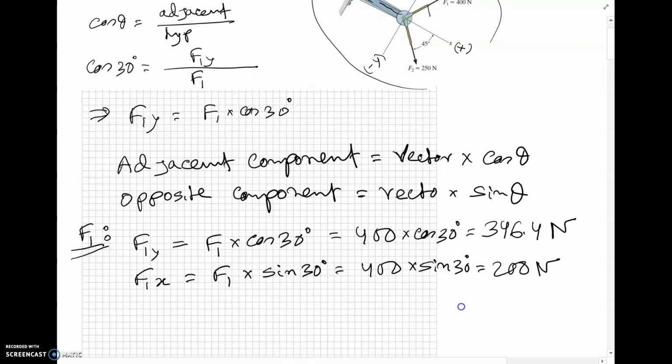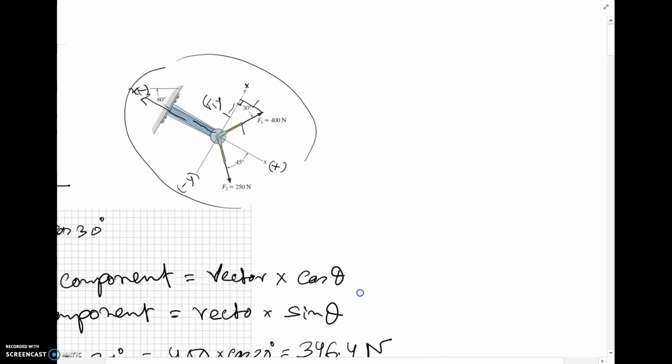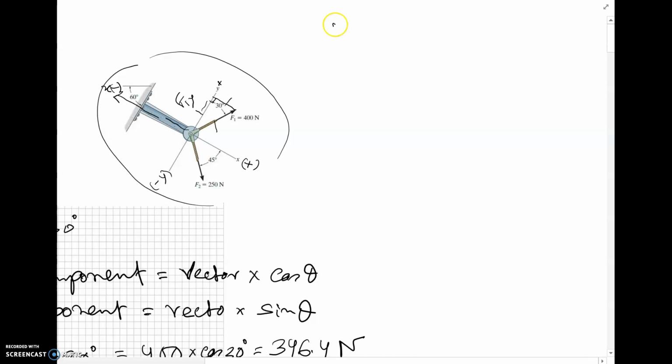Now we'll find the components of F2. For F2x, let's look here. The x-axis is the adjacent axis in this case, at an angle of 45 degrees. So as it is the adjacent axis, it will be cos theta.